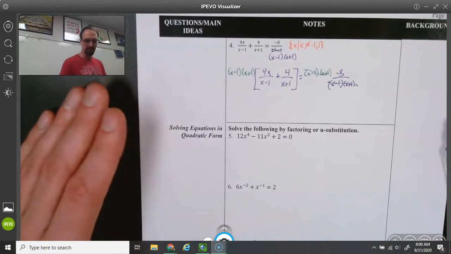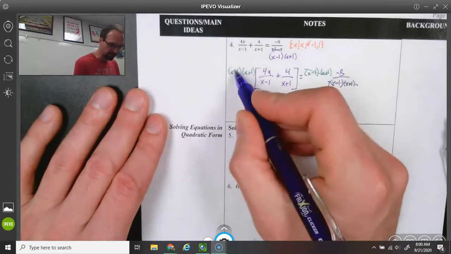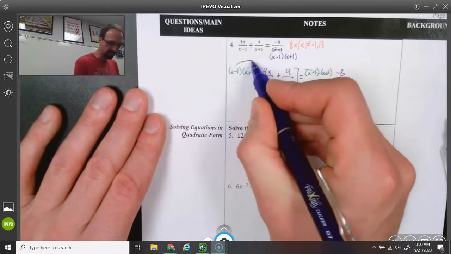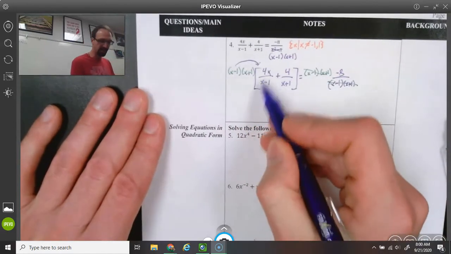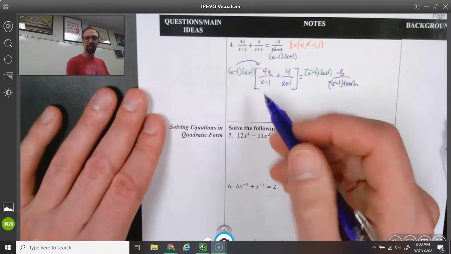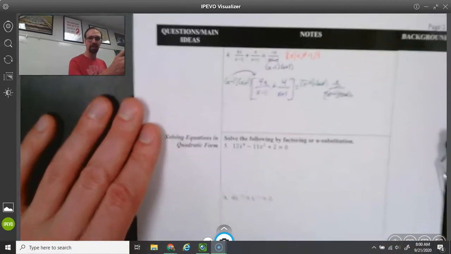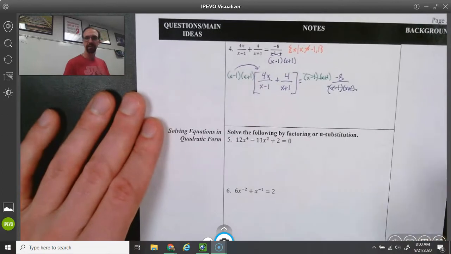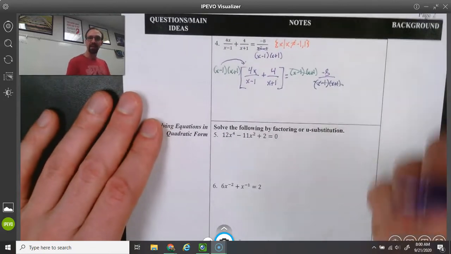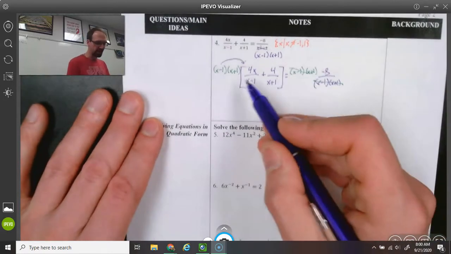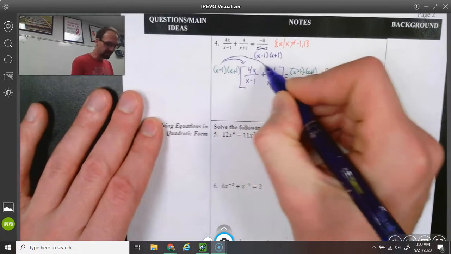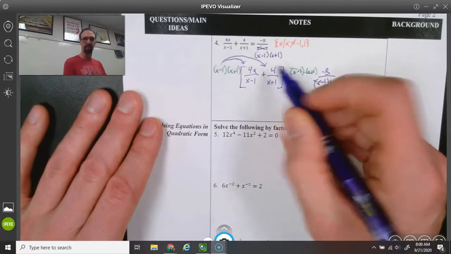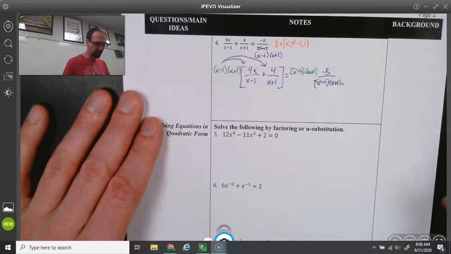And again, foresight as we go through solving this one: when I take x minus 1 times 4x over x minus 1, those x minus 1s are going to cancel. So I don't need to worry about that x minus 1 here, but it does factor and multiply through on this side. And then this x plus 1, same thing.